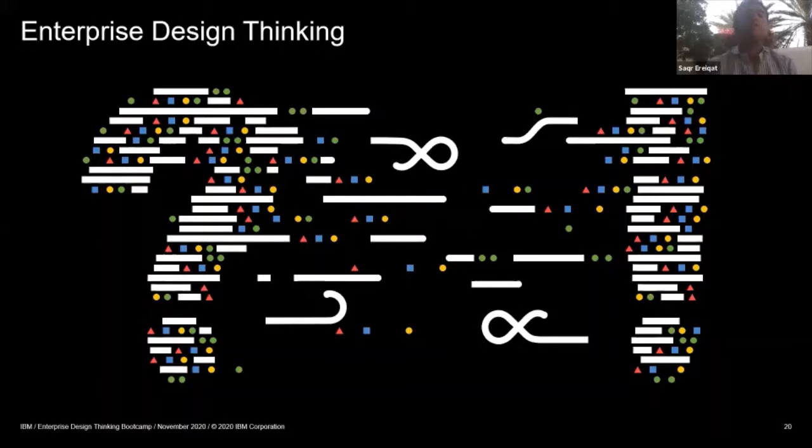And now we enter into enterprise design thinking, because it's taking everything that we heard before, and it's now going to give you a methodology of how you can address these changing requirements from people, and in this fast changing world that we're in, how to arrive at the best results.